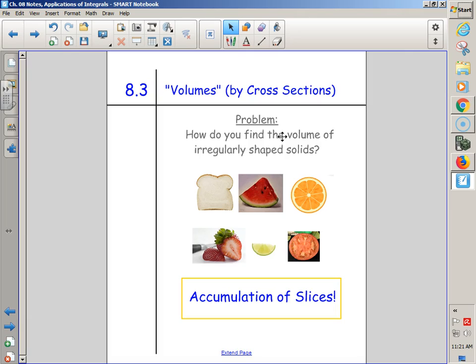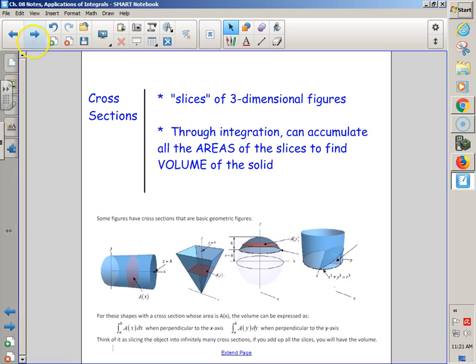And all we have to do is add a little depth to that area, aka area of the base times the height is how you find volume. The little bit of depth is going to be our differential. Throw it in an integral. It does all the work for us. Or maybe we'll be doing the work, but the integration process will accomplish that accumulation for us, I should say.